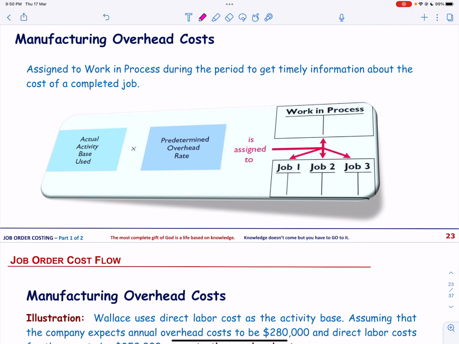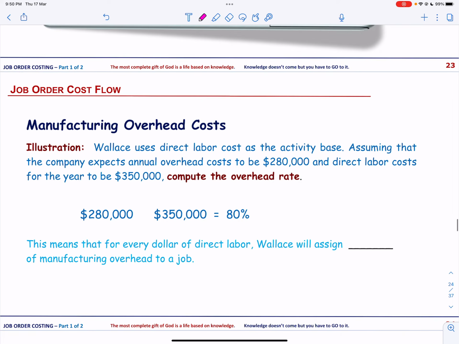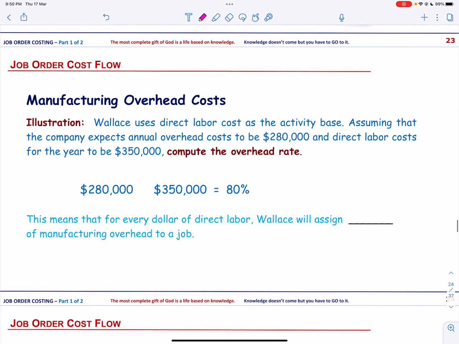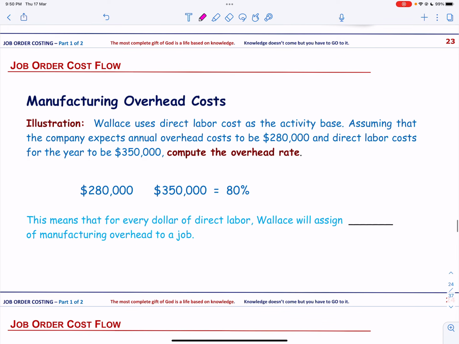So we have the actual activity base used times the predetermined overhead rate, and this is assigned to the different jobs that may be there in work in process. Let us talk more about it with the help of an example. We have the overhead cost of 280,000.